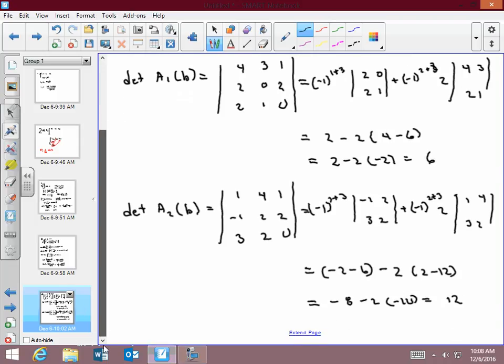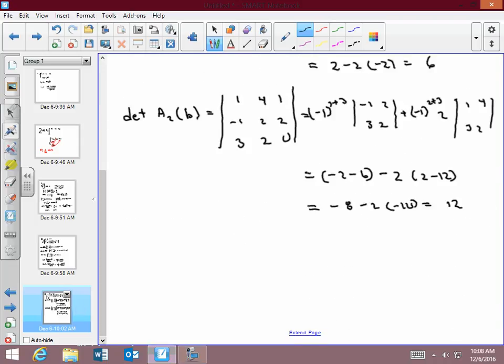Now then, the determinant of A. And that's a 1 minus 1, 3. 1, 2, 0.